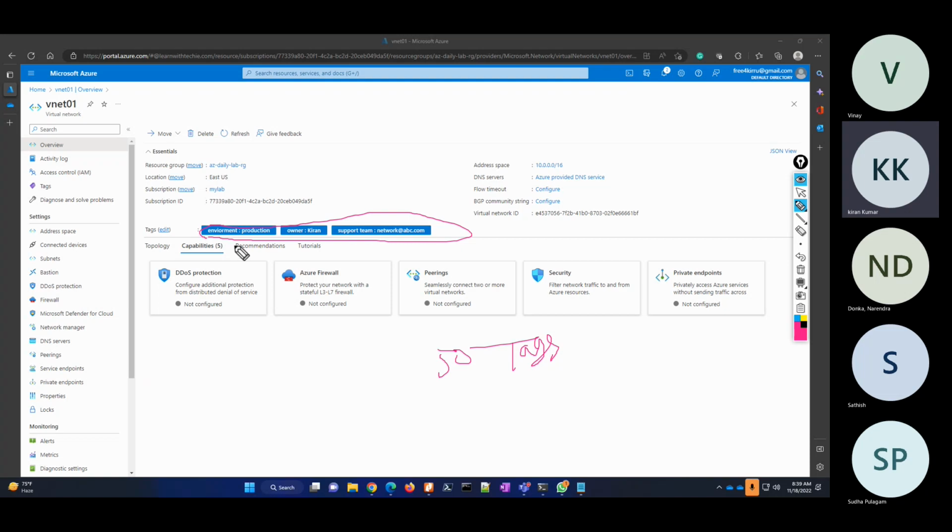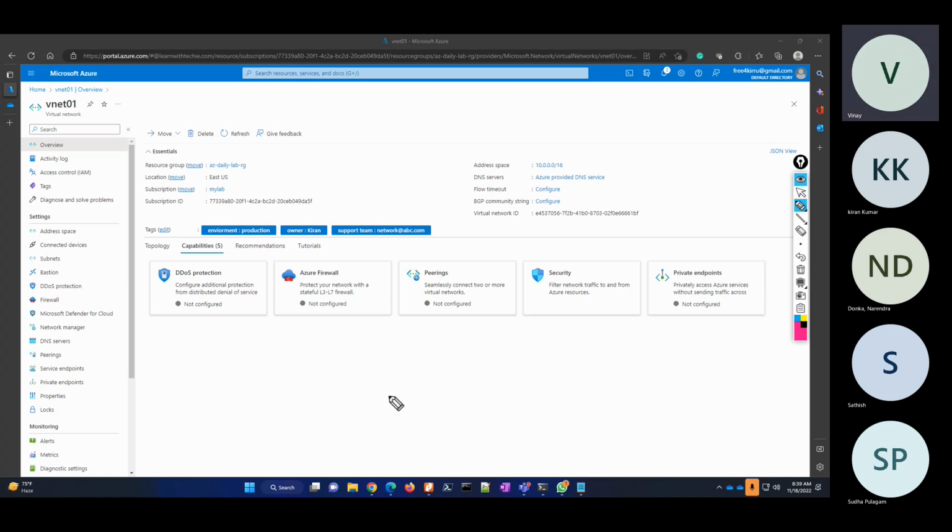All the tags you can apply here, so it's very easy to track and maintain the resources. Is that right or not? Yes, correct.